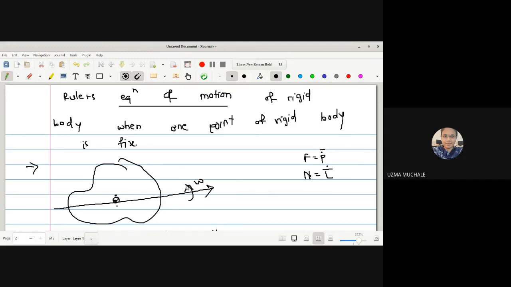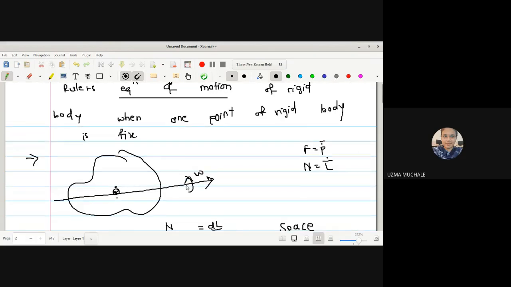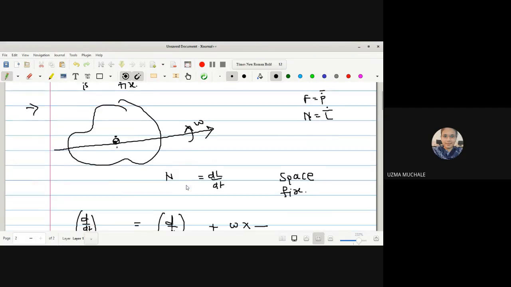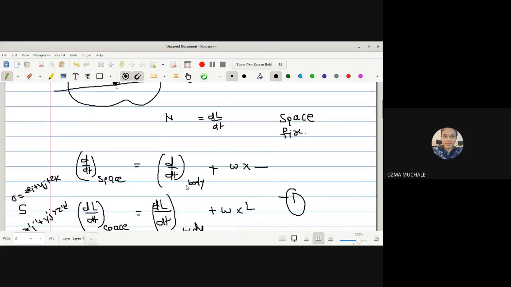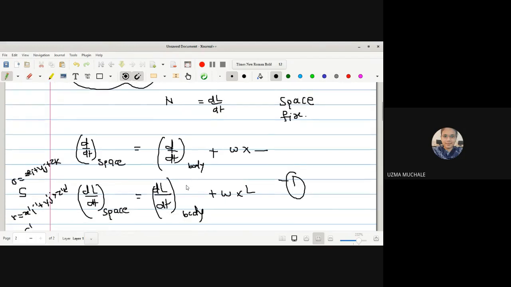You know the equation of motion, that is F is equal to dp by dt, and N bar is equal to dL by dt. It is nothing but our equation of motion. Those who don't remember, go back to our first chapter. Here N, that is torque, is equal to the rate of change of angular momentum. This we have written in the space set of axes.